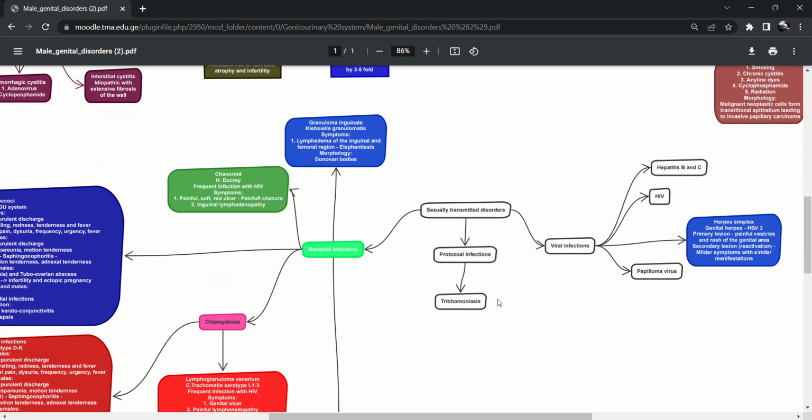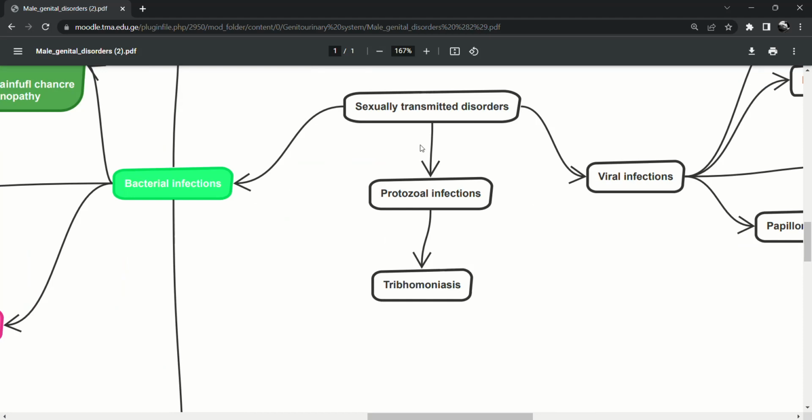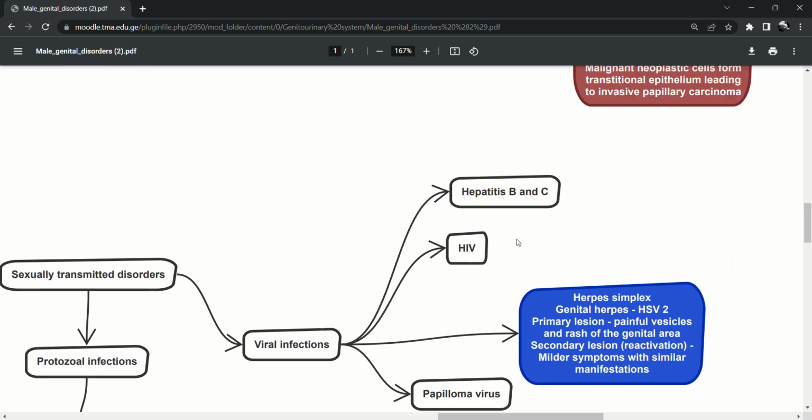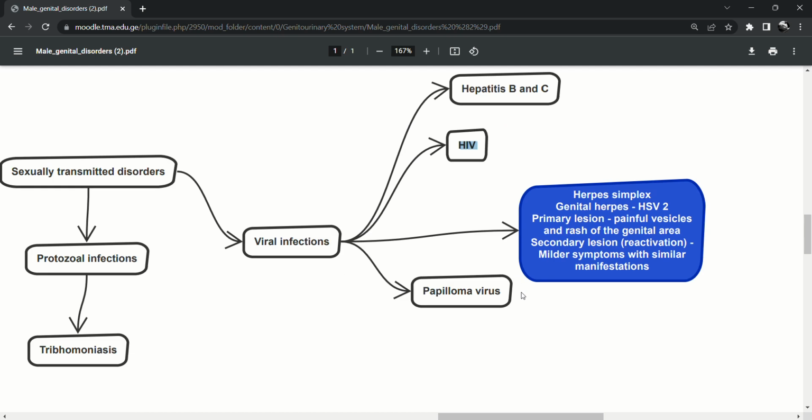Okay, now sexually transmitted disorders of protozoal infection is Trichomonas vaginalis, which causes trichomoniasis, and viral infections include hepatitis B and C, HIV, herpes simplex virus, which can be genital herpes caused by HSV2, or it can be HSV1. Primary lesion: painful vesicles and rash of the genital area.